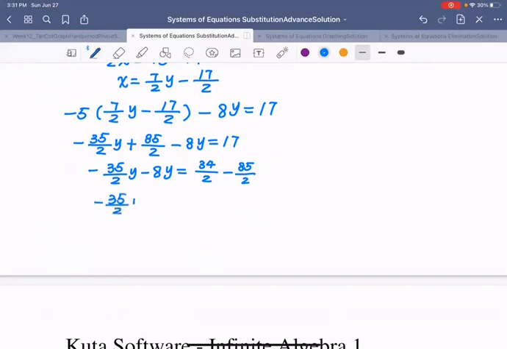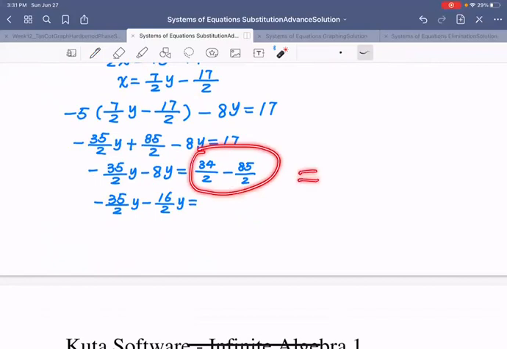Eight is 16. How much? Negative 51 over 2. Very good.